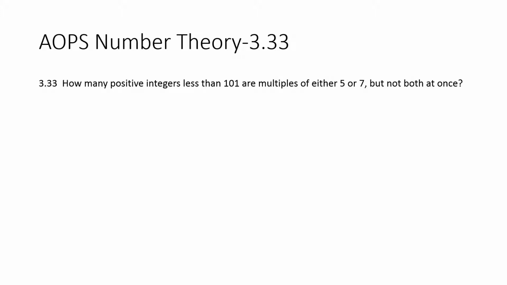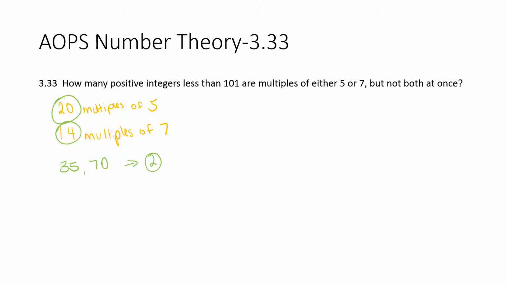So first, there are 20 positive integers that are multiples of 5 under 101, and there are 14 positive integer multiples of 7 under 101, but 35 and 70 are multiples of both 5 and 7, so that's 2.